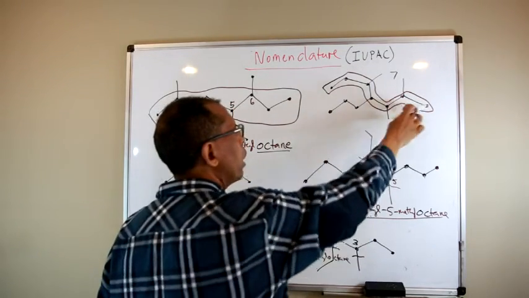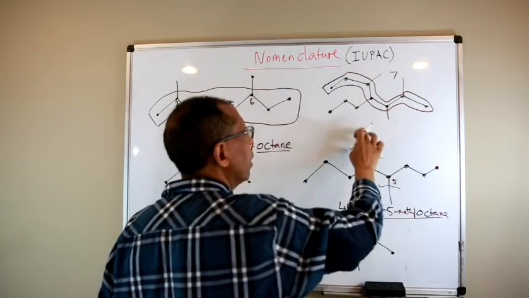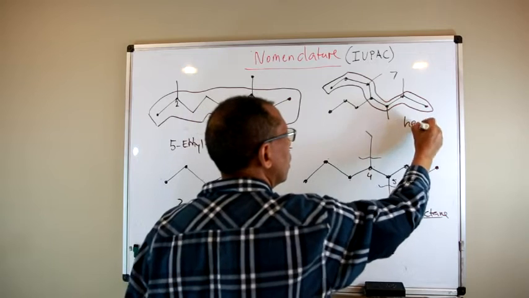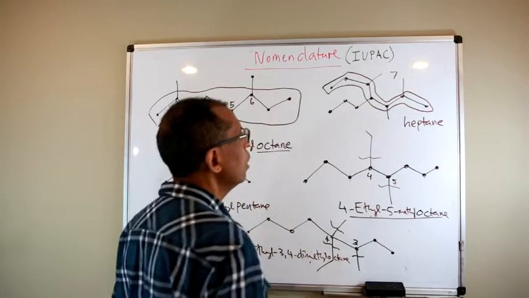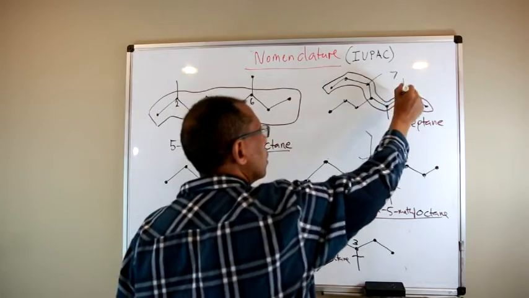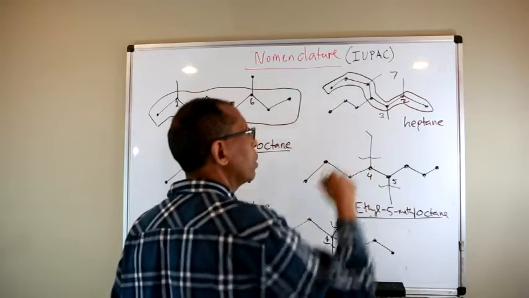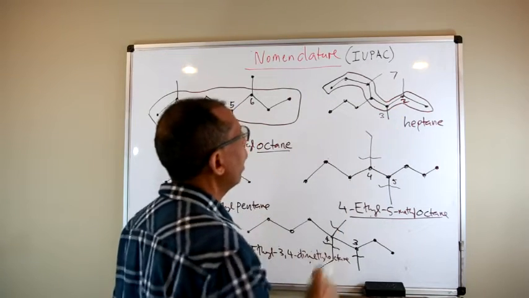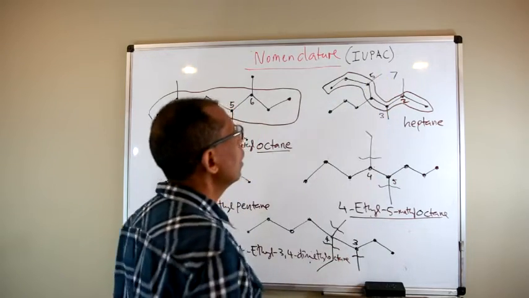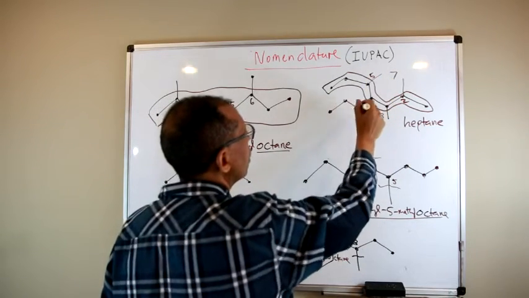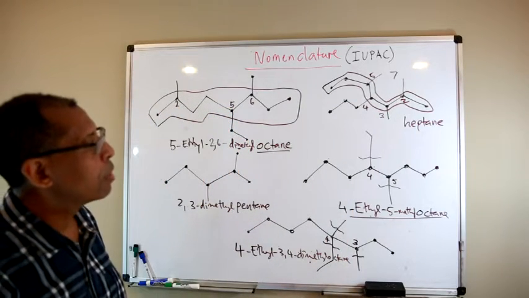So what we would take would be this route. At 2 position I have methyl, and it is a heptane compound. Heptane is 7 carbon. So at 2 position I have methyl. At 3 position I have another methyl. At 5 position I have another methyl. At 4 position I have a propyl group. So there are 4 substituents.